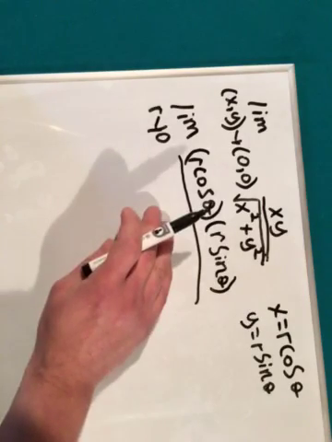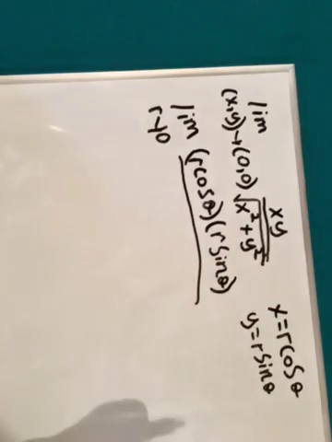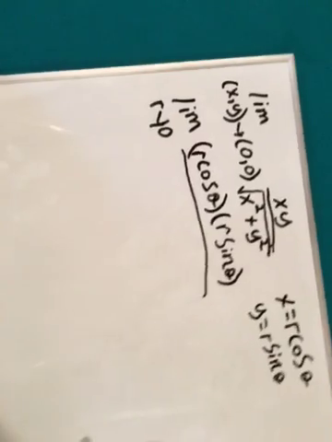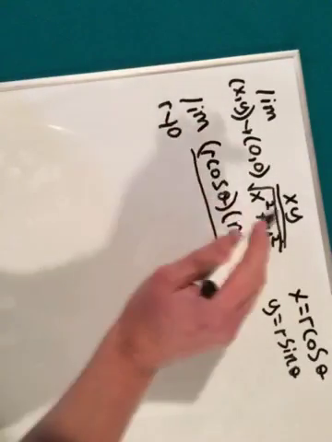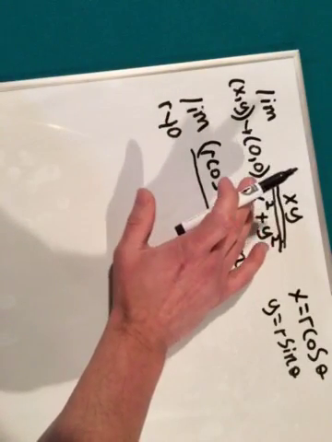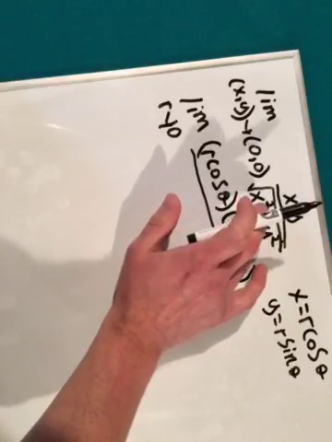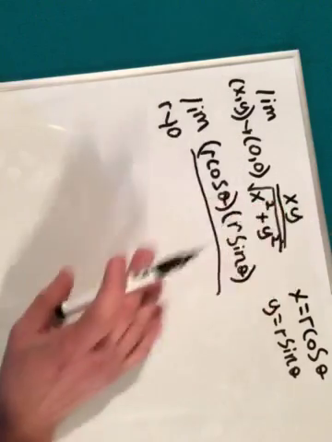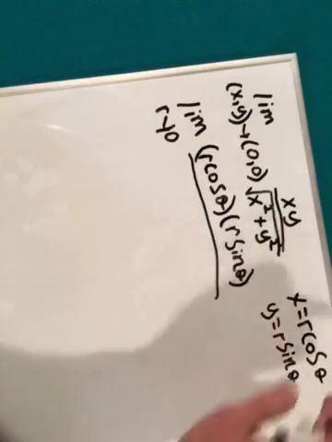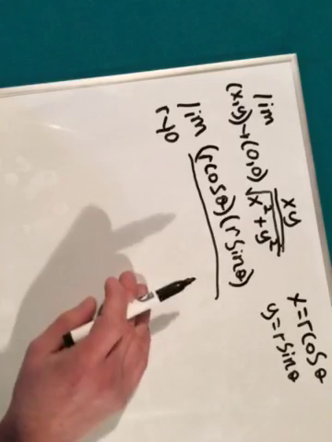Now, if you know that x squared plus y squared is r squared, that might simplify things even more. But let's say you only know that x is r cosine theta and y is r sine theta. Okay, well then x squared is what?